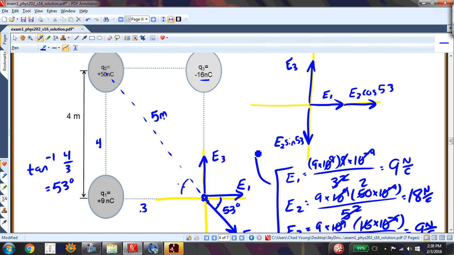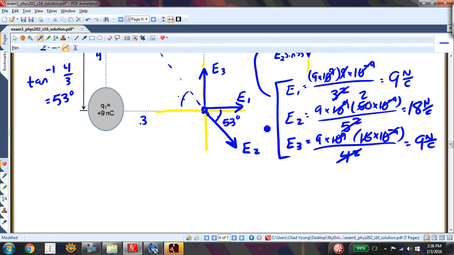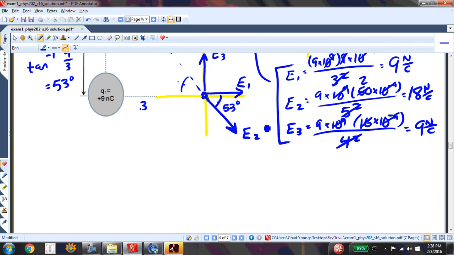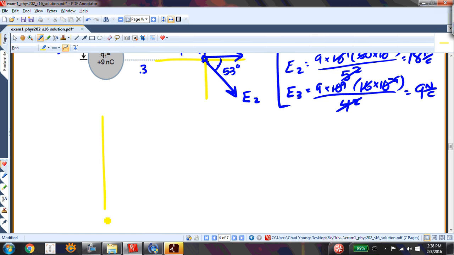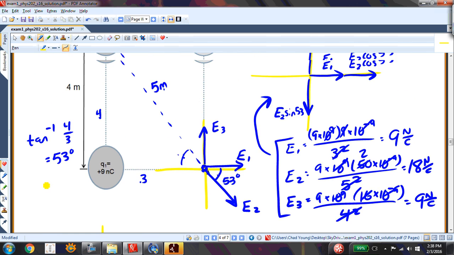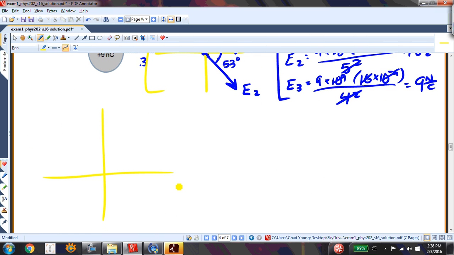I can put those in up here and make these numbers and redraw my vectors. I was expecting to see that you draw this diagram, but you don't have to do all these other vector diagrams with the resolved vectors. But I did ask specifically to draw the electric field vectors on point A, so I'll be looking for that.